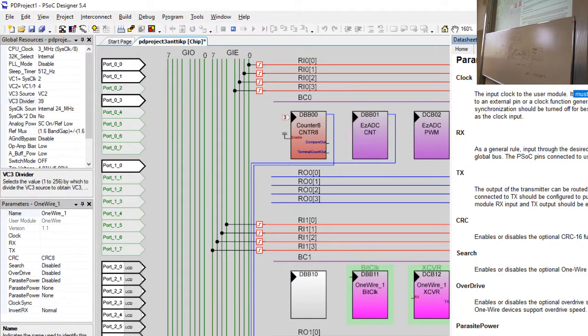Must be. Meaning system clock divided by 8. So basically, if we take the system clock from VC2, we have divisor of 8.